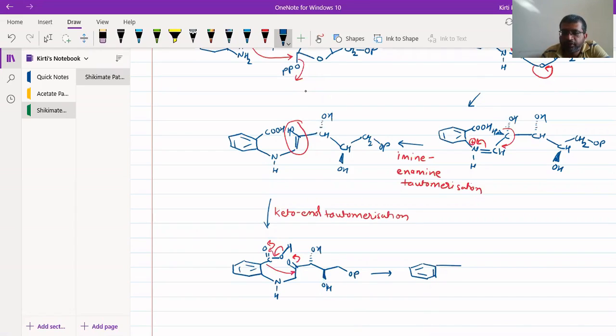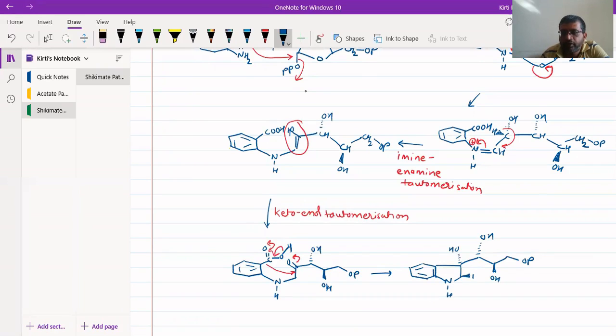So that will be this 5-membered ring we will get with an OH over here. Then we have an OH here followed by a wedge OH bond and a phosphate group.